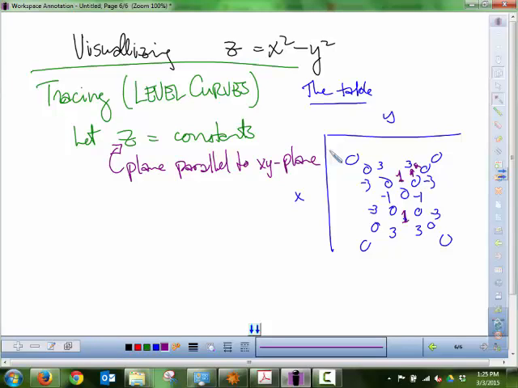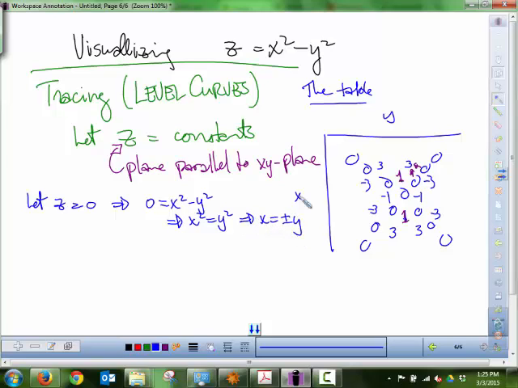And we did this already when we called it tracing. So let's do it again and see if we can remind ourselves what happened. If we let z is equal to 0, we get 0 is equal to x squared minus y squared, and we get x squared equals y squared, and then we get x equals plus and minus y, or y is equal to plus and minus x.